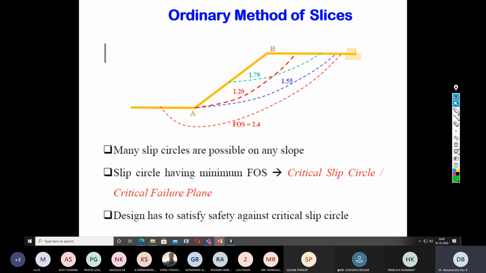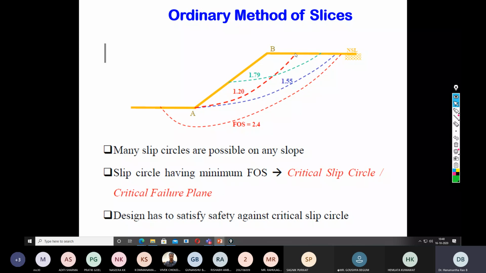Suppose you want to understand the intricacy. If I want to understand the safety against only slope failure, then I have to take numerous trial slip circles all along the length from A to B. If I want to repeat the same thing for the toe failure, then I have to assume that the trial slip circle is passing through the toe.